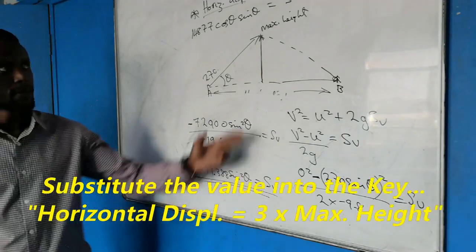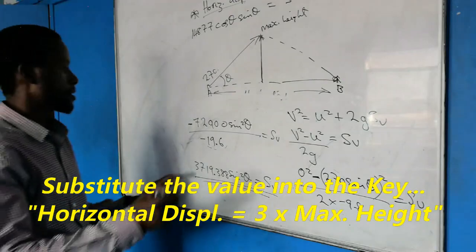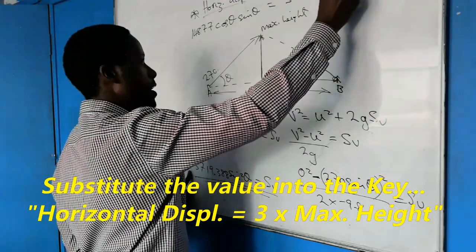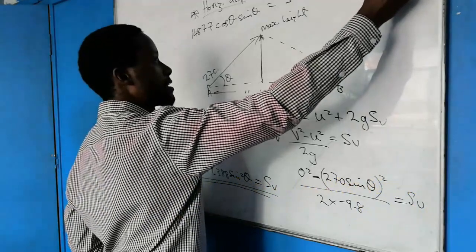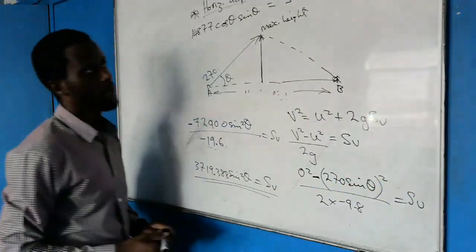So you take this number, you place it there. 3719.388 sine squared theta. Don't forget the square.